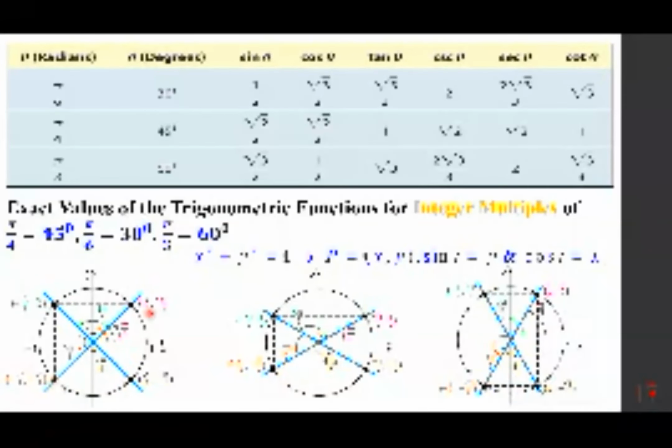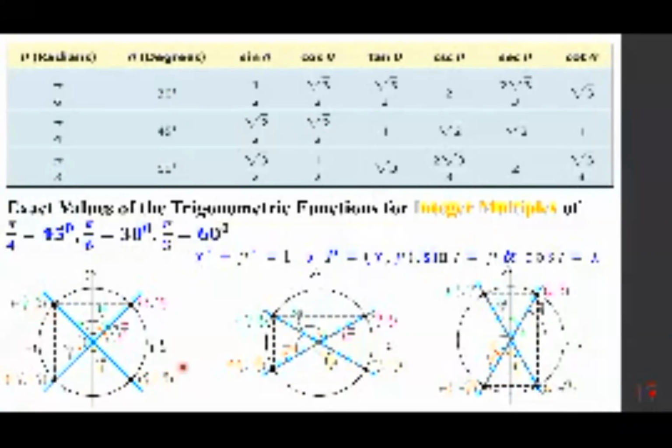In the third quadrant, both are negative. In the second quadrant, x is negative, so cosine becomes negative, and y is positive. In the fourth quadrant, x is positive, that means cosine is positive, and y is negative, that means sine is negative. So that's something you want to remember.